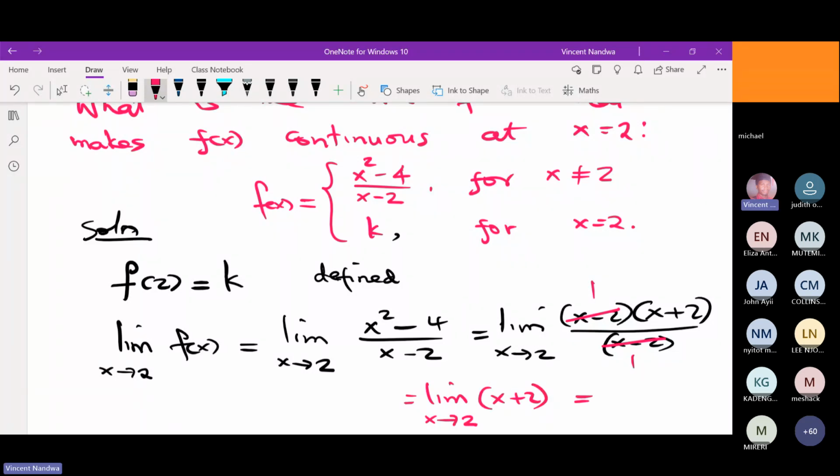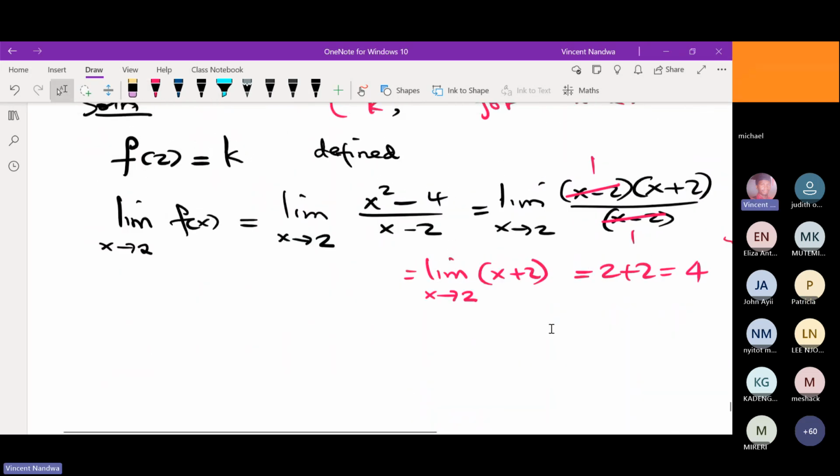And what will be the value here? 4, just 2 plus 2. So the limit of the function f of x is given by 4.